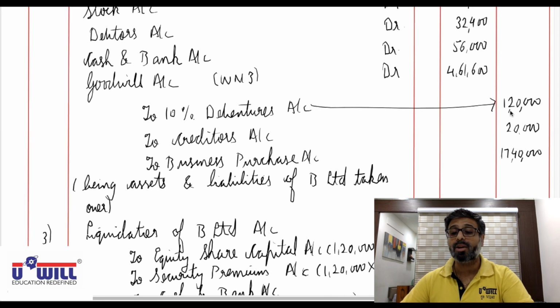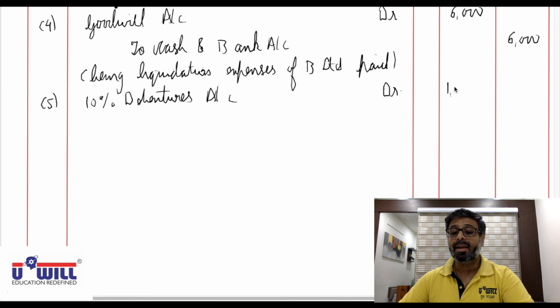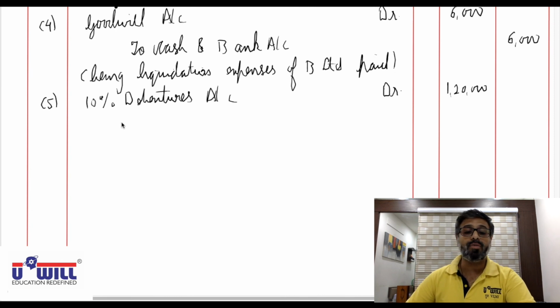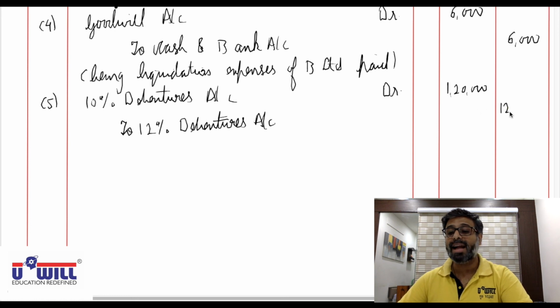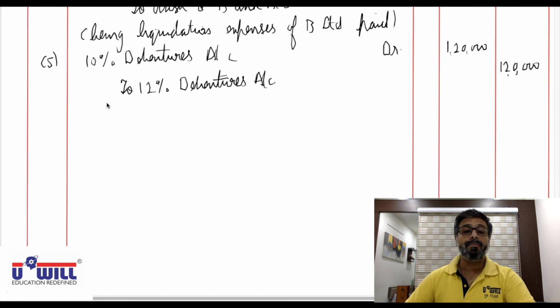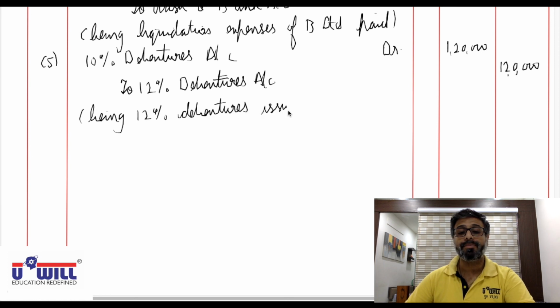This account you will debit and close, 1,20,000, and against that to 12% debentures account 1,20,000. Being 12% debentures issued against 10% debentures.